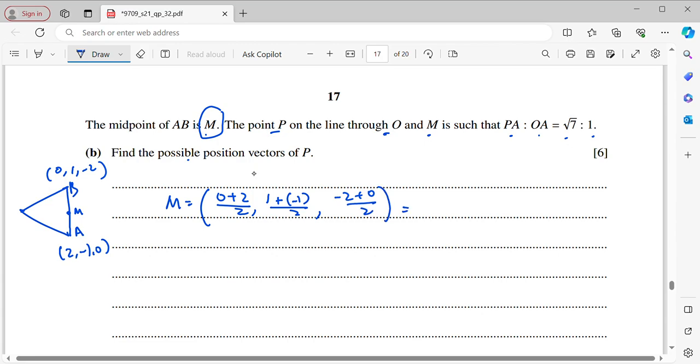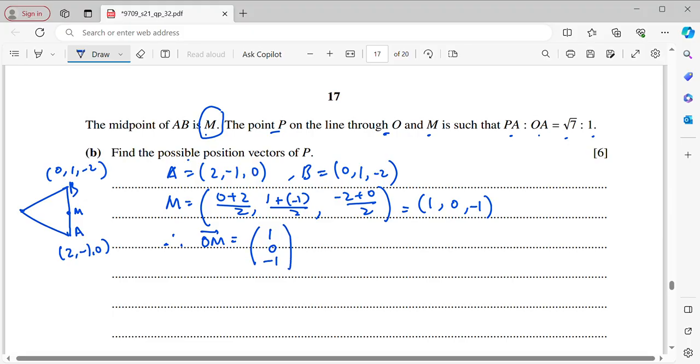Then it will have coordinates (1, 0, -1). Therefore, we found the OM vector. So that is (1, 0, -1).